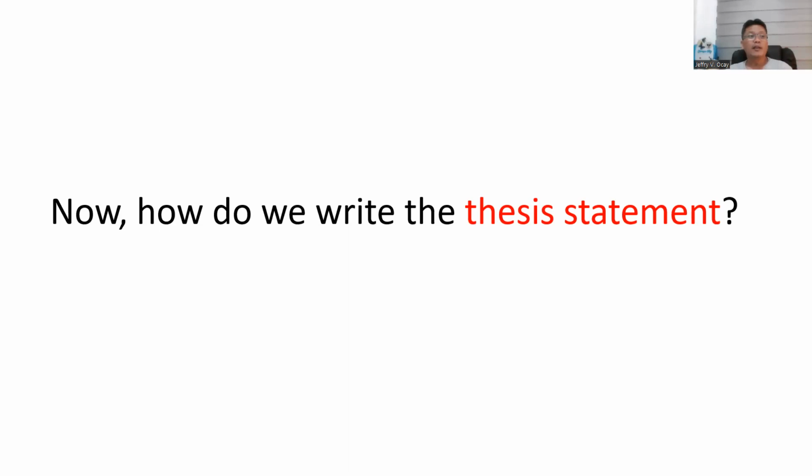So the first one is for the development of a thesis statement in general, most particularly in literary writing, and then the second is the technique on how to write the thesis statements in research per se. Okay, so how do we write the thesis statements?